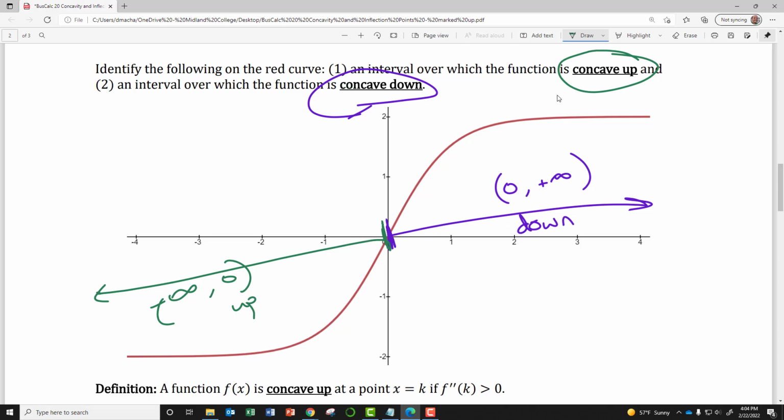And even though it's not as dramatic, hopefully you can still see why I'm saying that this is concave up and concave down. The curve seems to be curling down in this purple region, and in this blue-green region it seems to be curling up a little bit.